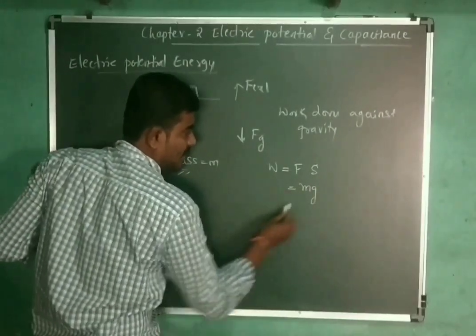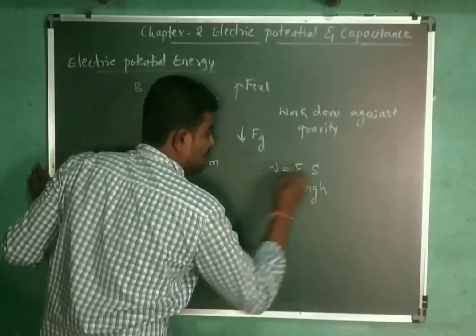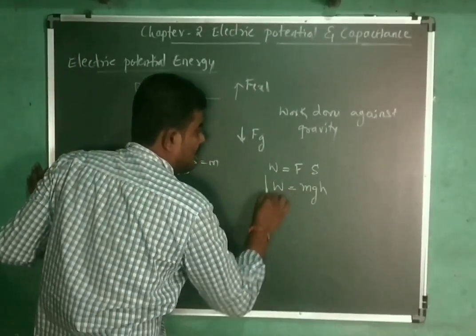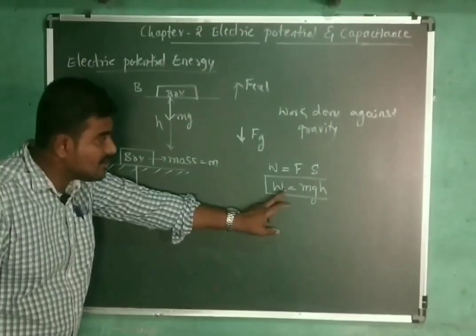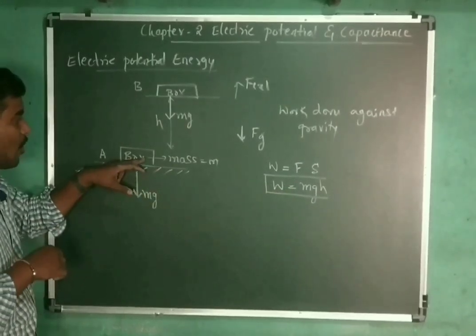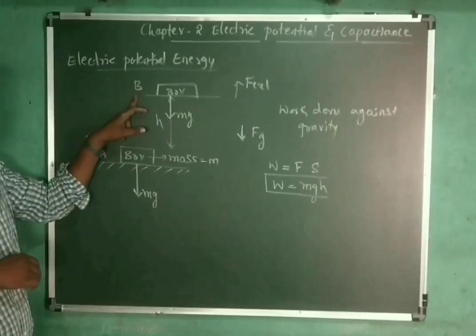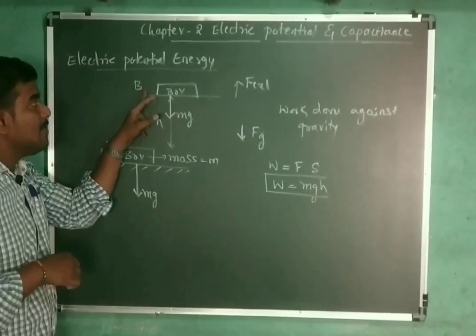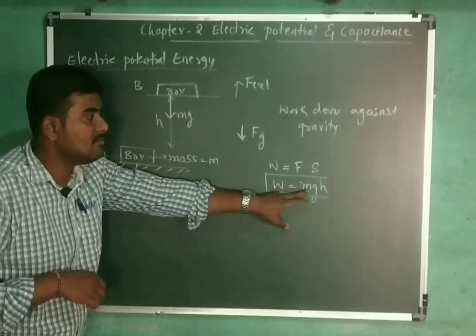Therefore I can write it as mg, and displacement I can write as h. Therefore work done is equal to mgh. This much amount of work I have done in order to lift this box from location A to location B. Therefore at location B this box is having energy mgh.